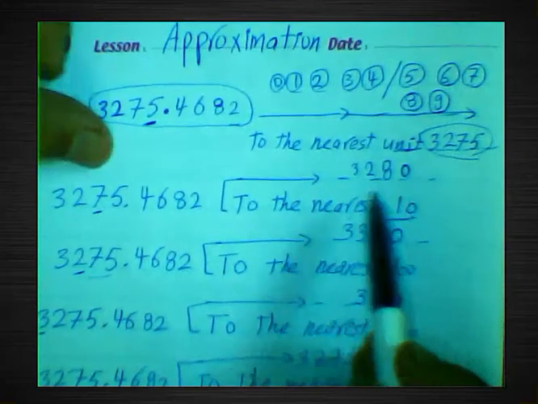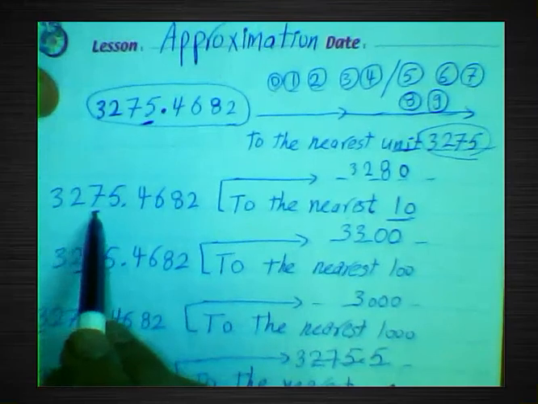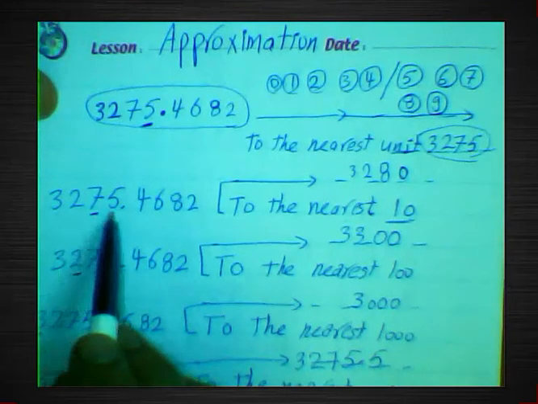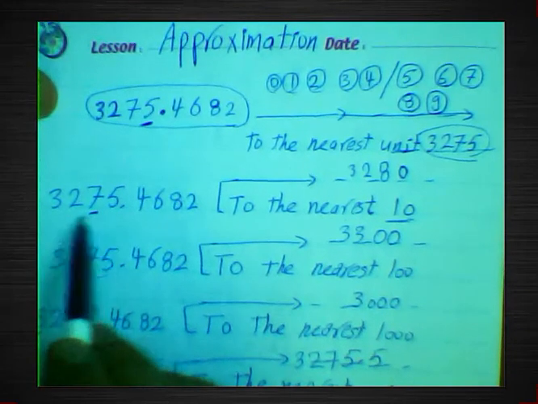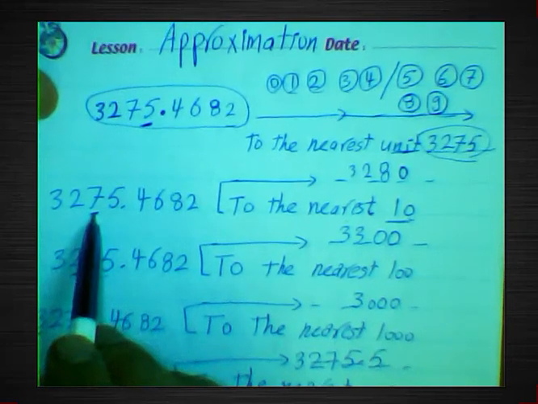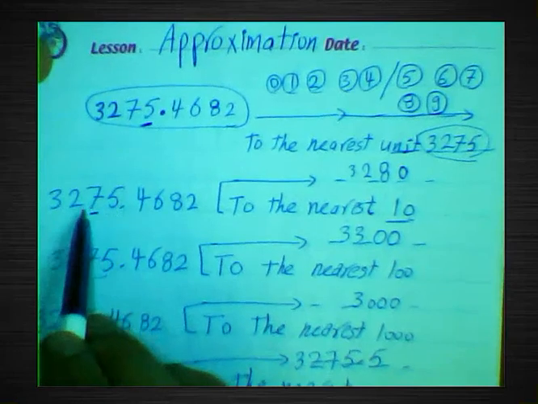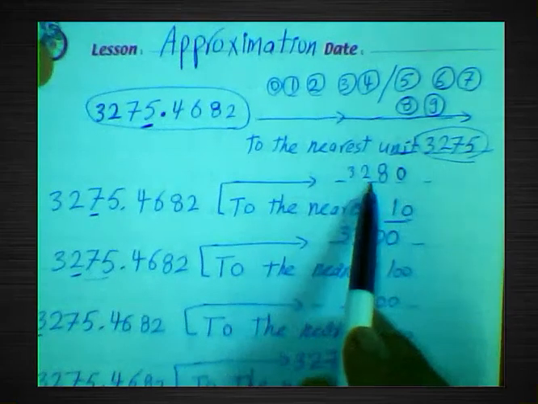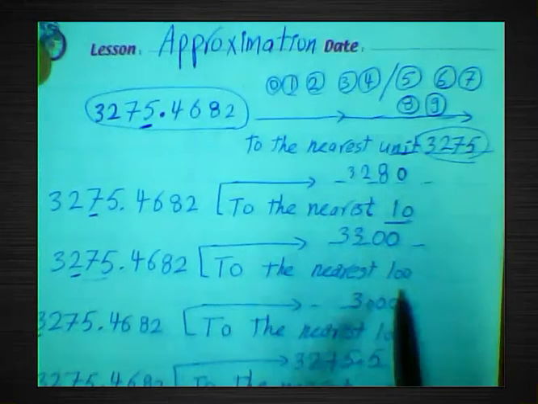Look at this number 3275. Which number is in the 10? The digit in the 10 is 7. 5 gives 1 to 7. 7 will be 8, and we write 2 and 3. And what about 100?